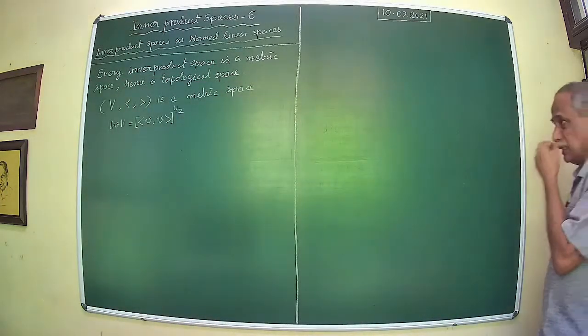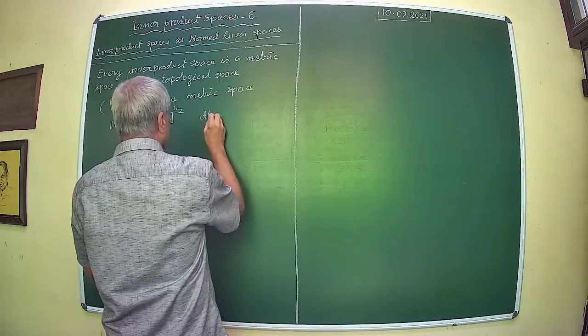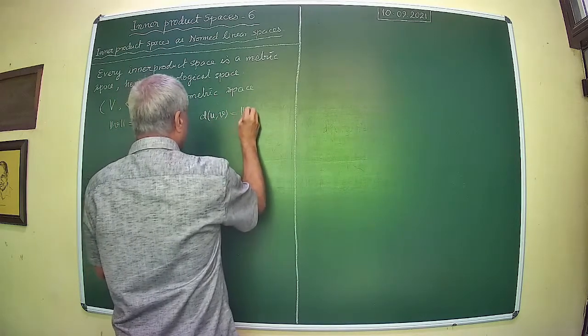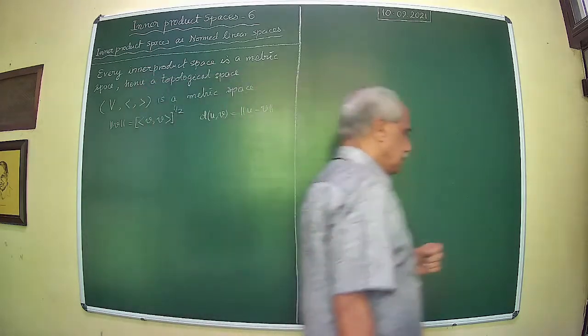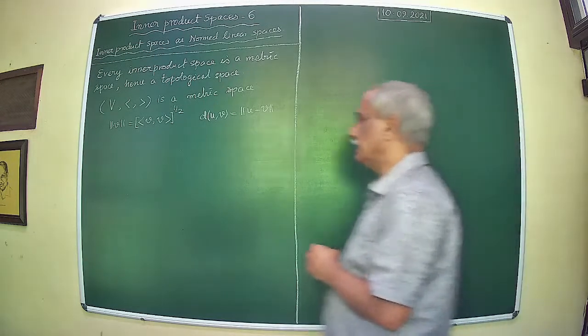And you see that the distance function that you have is d of u, v. This defines a distance function. Now this is what we have found. Therefore V, d is a metric space.